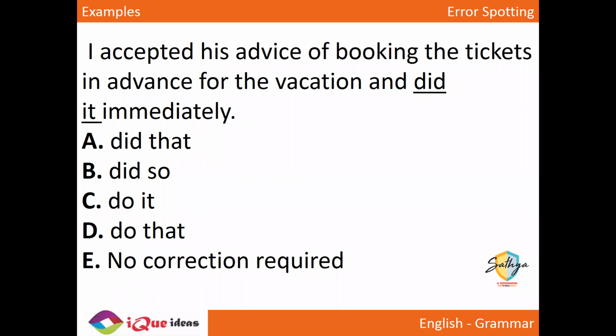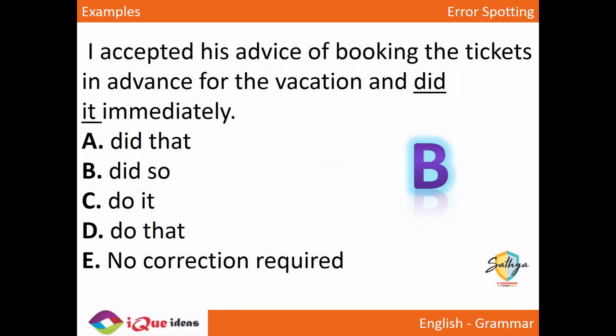So when somebody gives you advice and you follow that advice, the correct word to use in that case is "so." You did so. Did so means followed the advice. So I accepted his advice of booking the tickets in advance for the vacation and did so immediately. Right? Did so means I followed his advice. So you took the advice and you followed it.